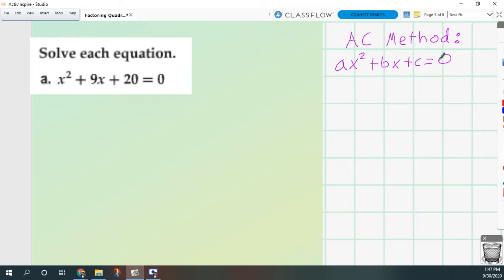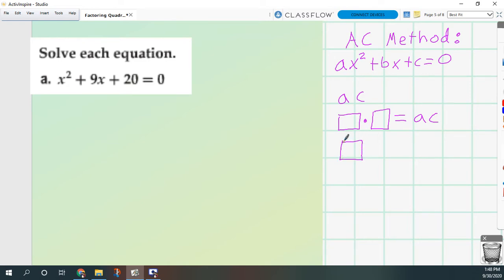So the way that we do that is we're going to take our a times our c, and it's going to give us some number. And then what we want to do is find 2 numbers that when I multiply them together, we get a times c.